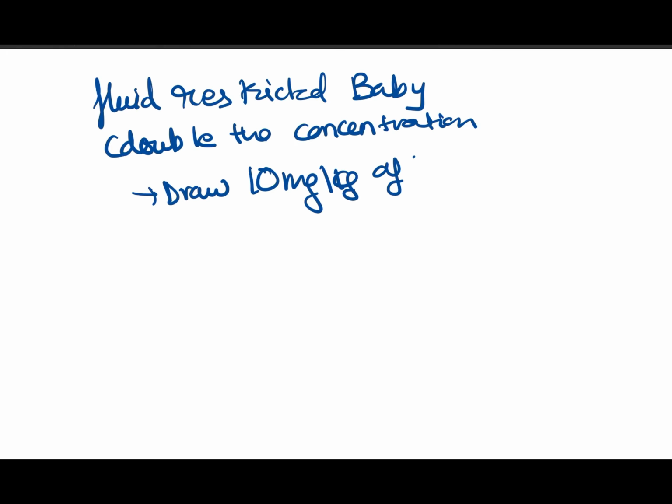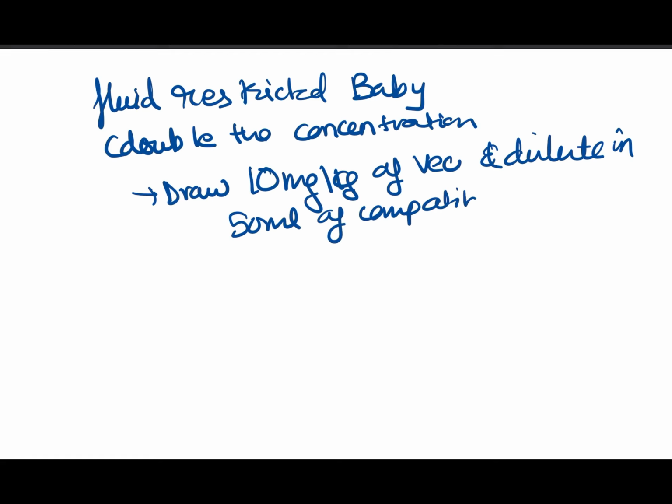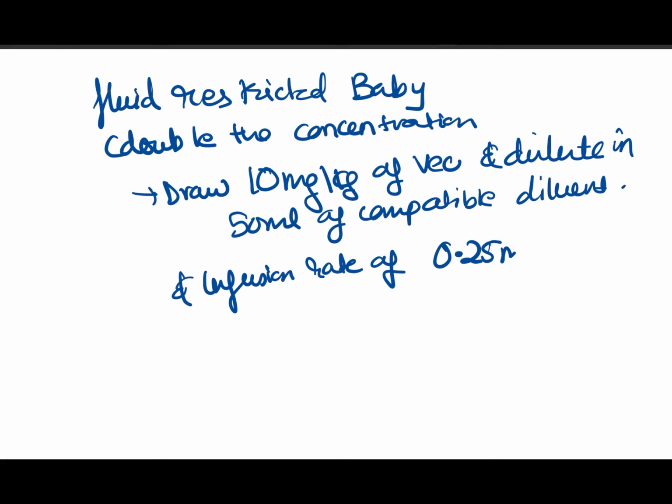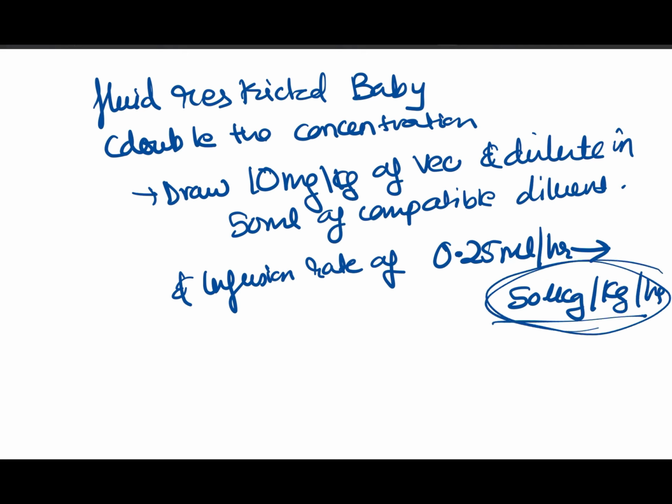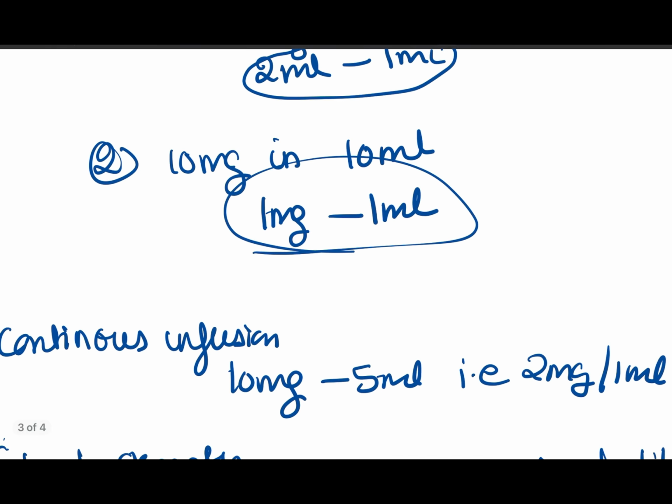You draw up 10 mg per kg of Vecuronium and dilute in 50 ml. There we were taking 5 mg, now we are taking 10 mg. So obviously we have increased the concentration, and the rate will become 0.25 ml per hour, which will give you the same 50 microgram per kg per hour. So we have decreased the fluid and increased the concentration if you are giving it in a fluid-restricted baby.